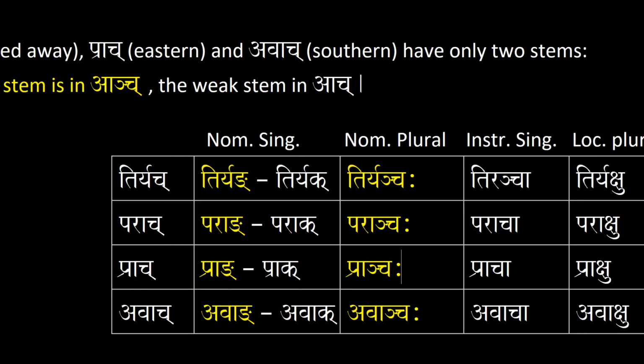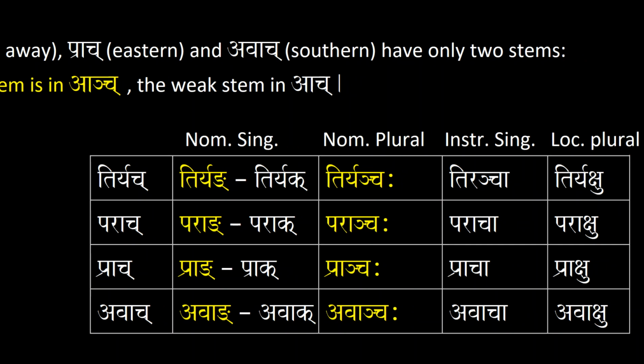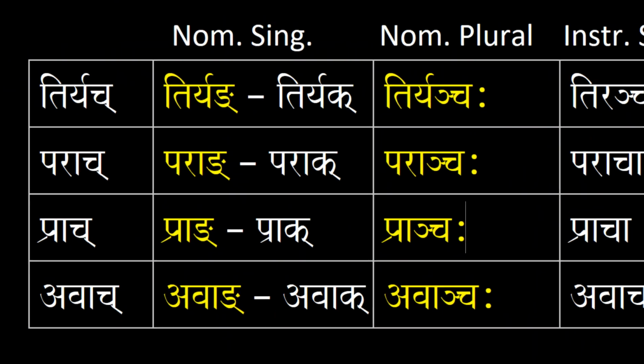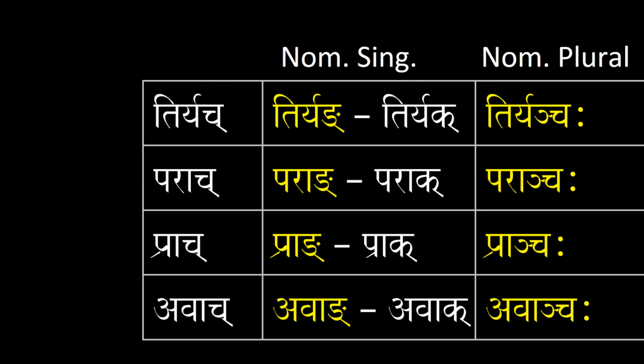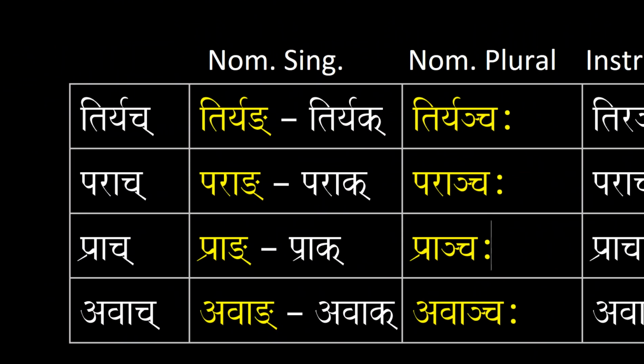So now we can get started. So tiryach, parach, prach, and avach are the original directions, and after they are declined for nominative singular, for masculine, going down in the yellow, that's going to take the strong stem. We have tiryan, paran, pran, and avan.